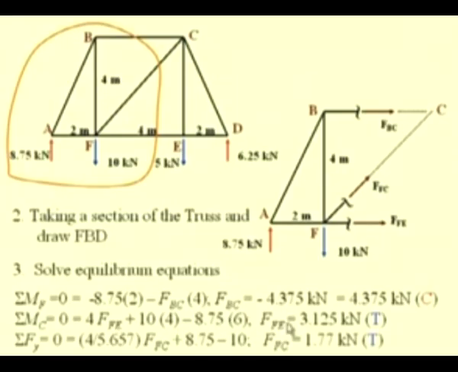This equation gives the value for the force in the member FE as 3.125 kilonewton.